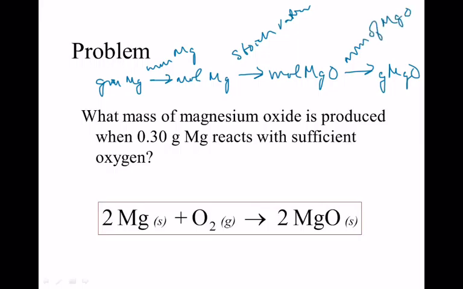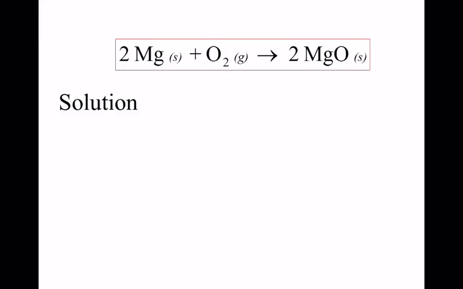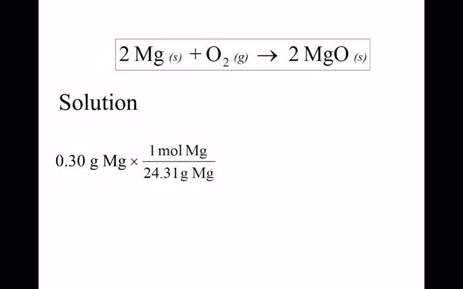All right, let's do this. The first number is going to be that 0.30 grams of magnesium over 1. Then we're going to use the molar mass of magnesium from the periodic table. We want grams to cancel and be left with moles, so it'll be 1 mole of magnesium over 24.31 grams of magnesium. It looks the same as the last problem we did, doesn't it?